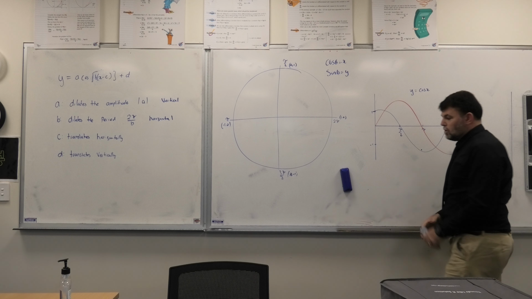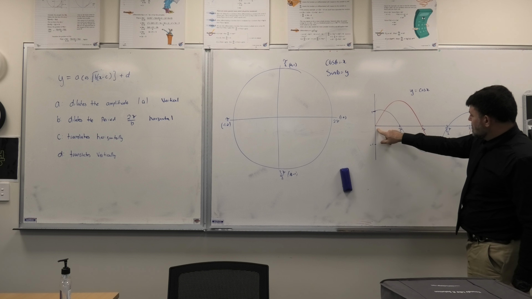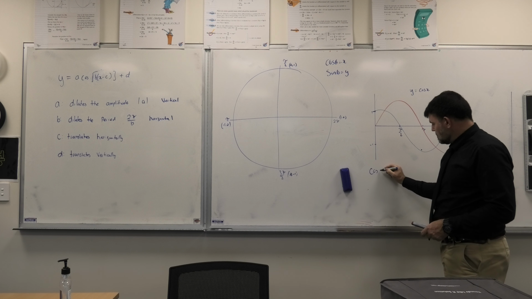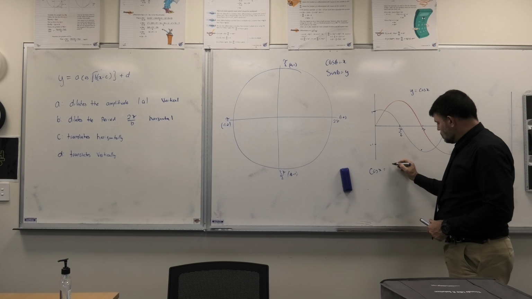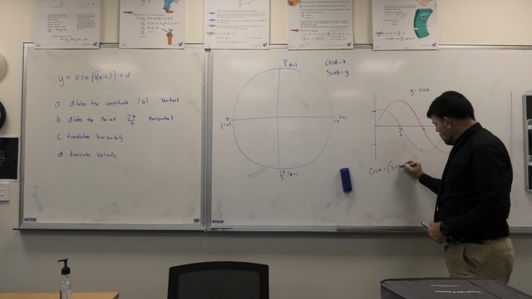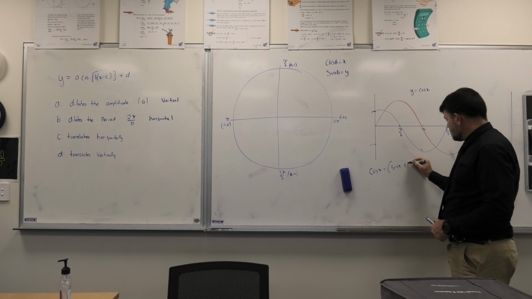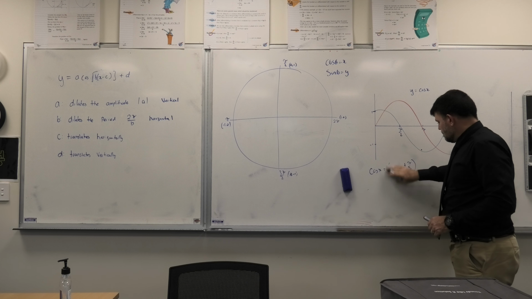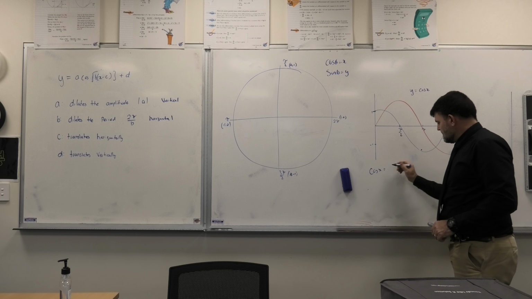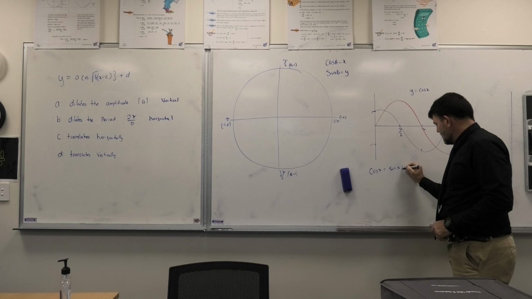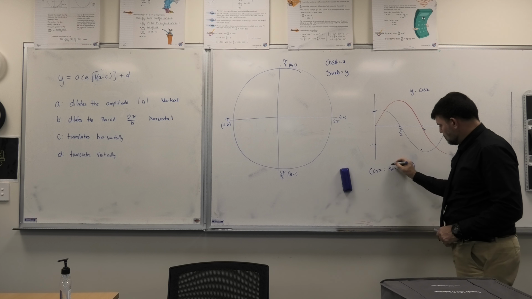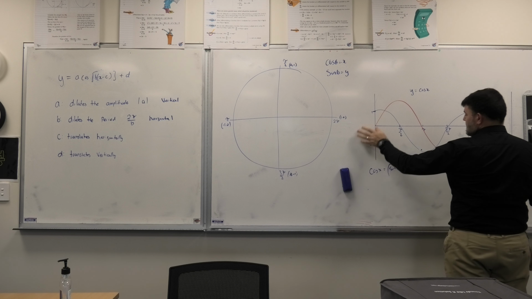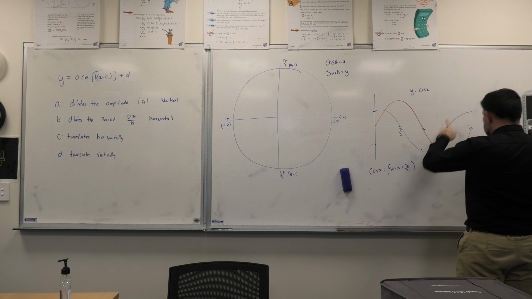We can say cosine x is equal to sine of x plus pi on 2. Because we're starting at 0, we take sine x and we add pi on 2, and that's where it's moving along.